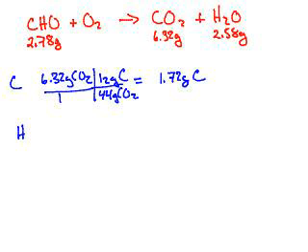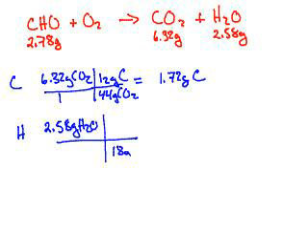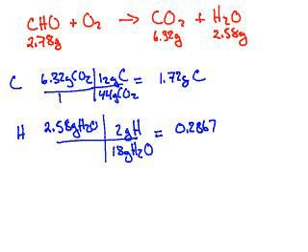For the hydrogen, we're going to say you have 2.58 grams of water times 2 grams of hydrogen for every 18 grams of water, and you get 0.2867 grams.